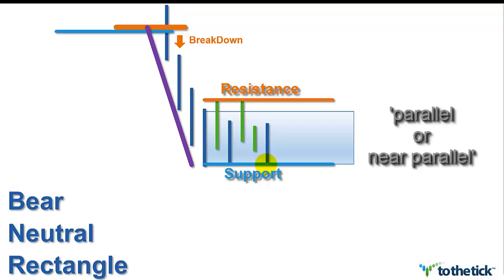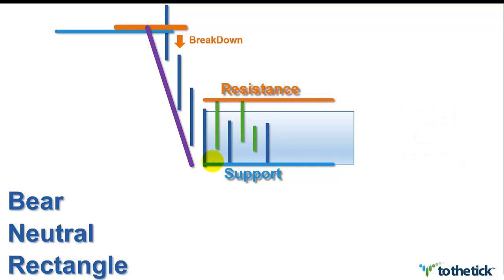The structure is parallel or near parallel in the space between your support and your resistance in the immediate picture. Now, the swing low that created the pole tip is basically holding our line in the sand down here. With these, we now have a completed pattern for part one.